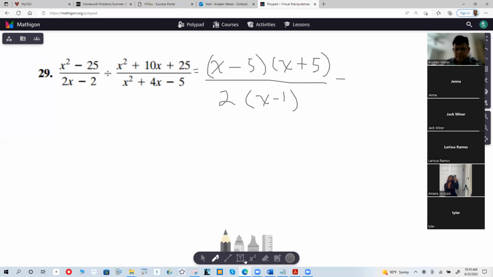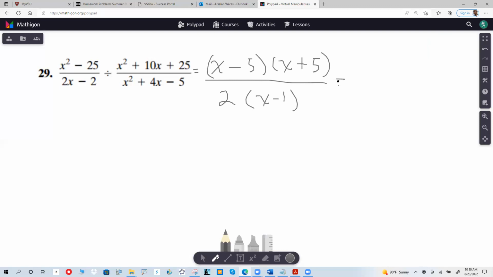Okay, this is a division. What I'm going to do, guys, is multiply it. Why would I do that? Well, that's how we handle division. I'm going to put a multiplication sign here. Okay, I'm going to factorize this.